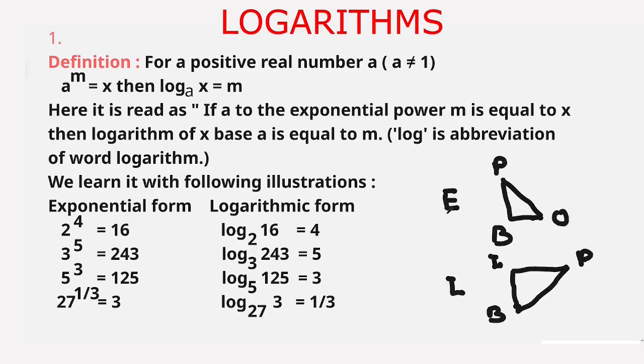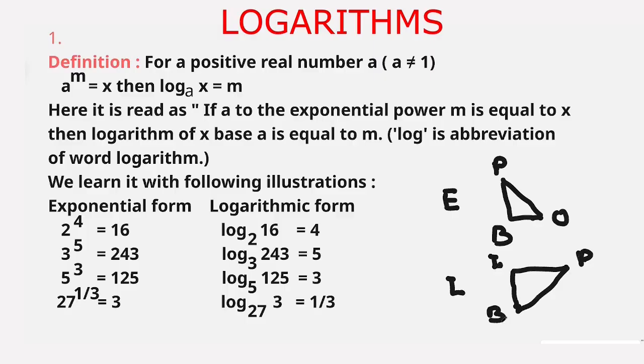Here we will learn it by two triangles. In first triangle we move like this, base, power, outcome, and in second triangle we move like this, logarithm to the base equal to power.